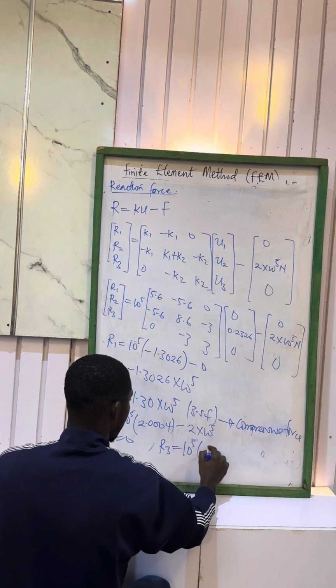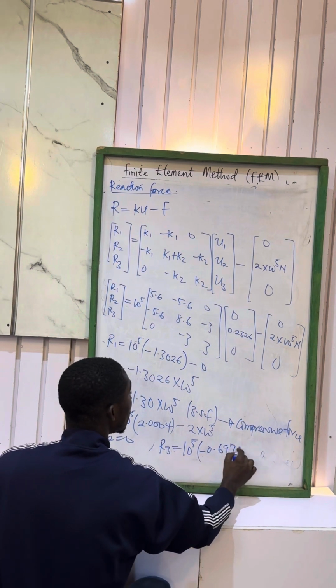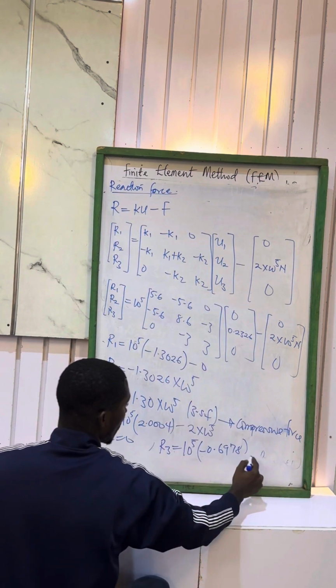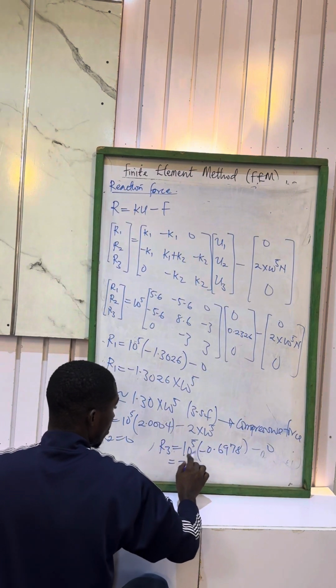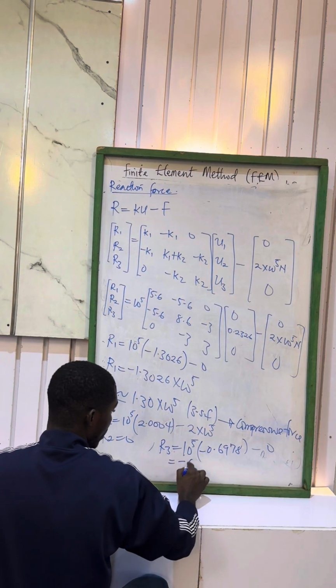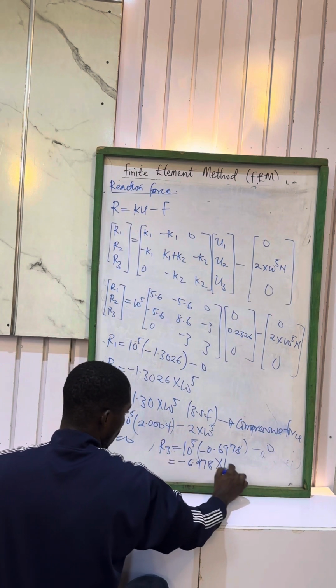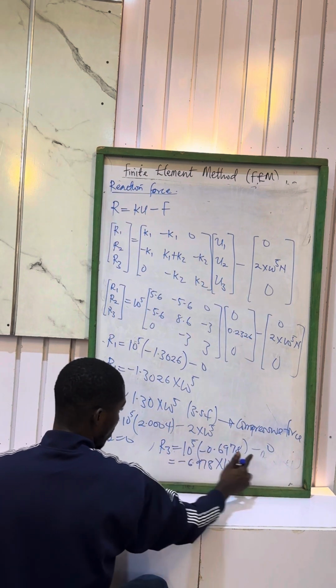That is minus 0.6978. Then the last one, which is 3 times 0, 0, minus 0. So at the end of the day, you see I'm getting minus. Now when I multiply this, it will give me 6.978 times 10 to the power 4, because this decimal point will come to this point and this will reduce.